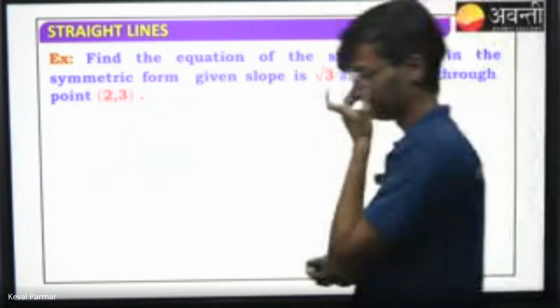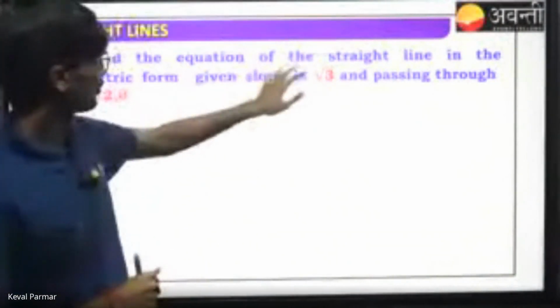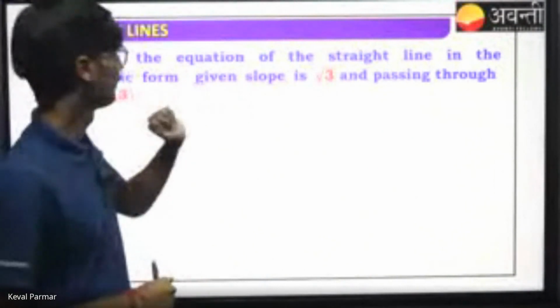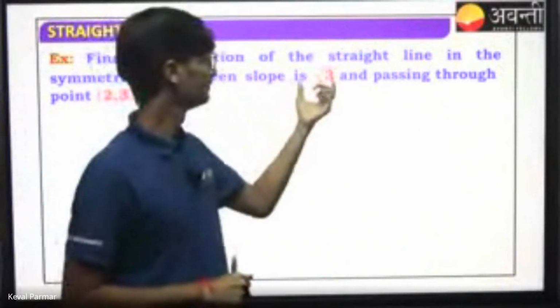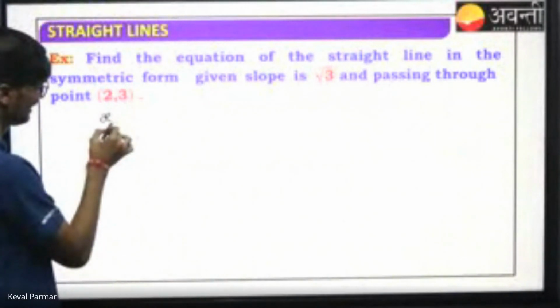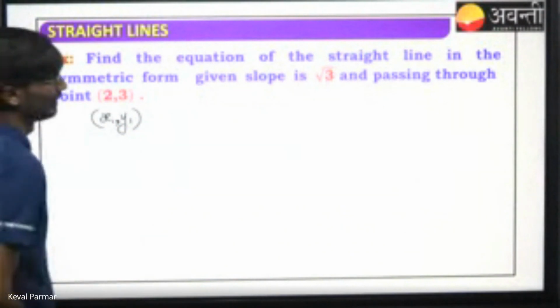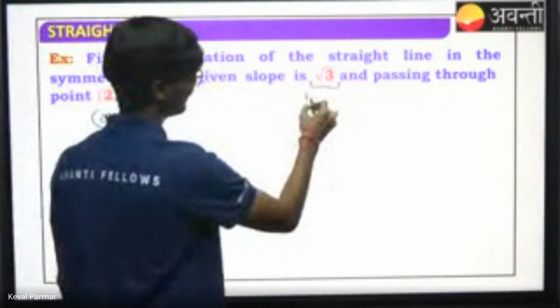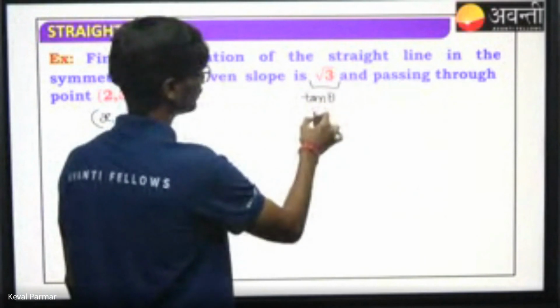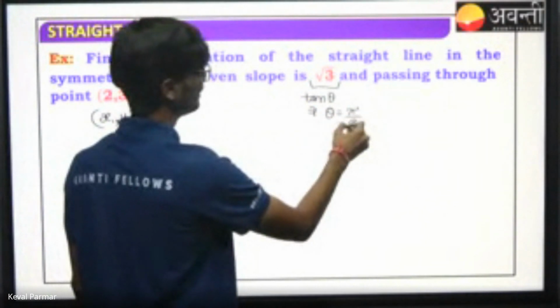First, let us see how to use the formula. Find the equation of a straight line in symmetric form, given slope is root 3 and passing through this point. That means this is a fixed point A, which is basically x1 comma y1, and this slope is tan theta. If tan theta is root 3, that means theta is pi by 3, 60 degrees.